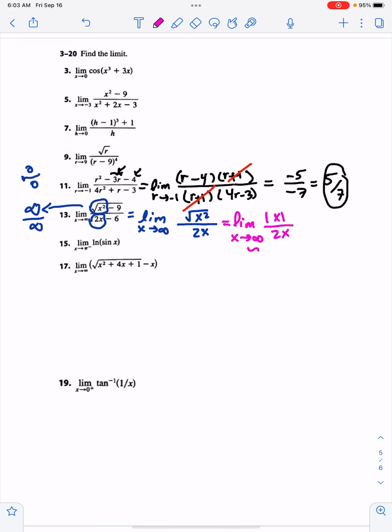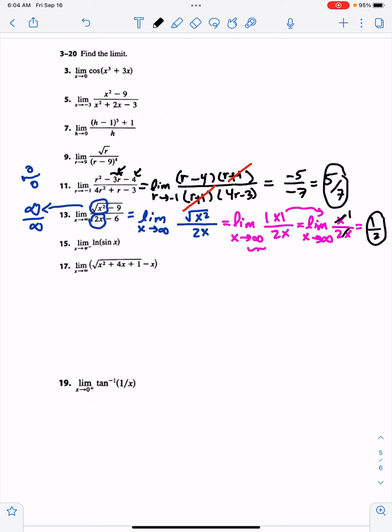But knowing that x is approaching positive numbers, I can just remove the absolute value and have it as a limit as x goes to positive infinity, and instead of absolute value of x, I just put x over 2x. And that is equal to x and x cancel. You would have a placeholder of 1, so it's 1 over 2.